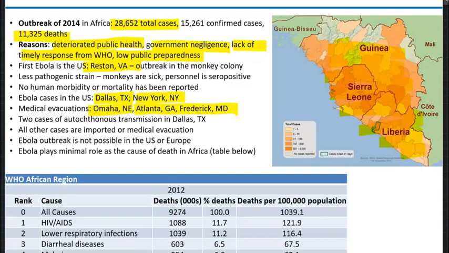Okay? And Ebola is transmitted only when people are symptomatic. So when you can be infected, be in the incubation period, have no symptoms, you do not transmit this virus to anybody else. So this is why it's not.